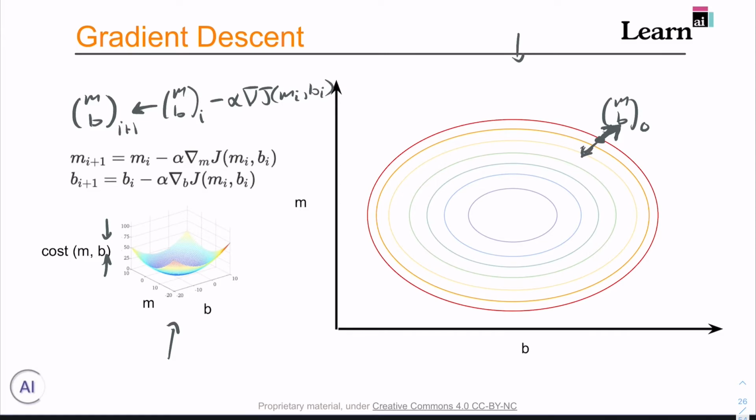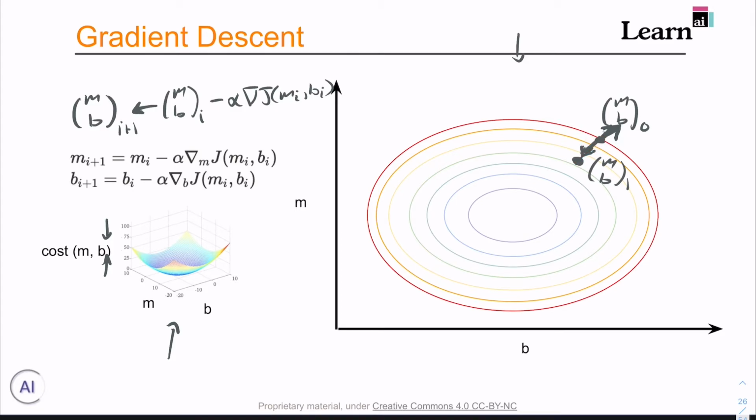That's good. So we're going to subtract this direction, which means we're adding this direction. Remember, subtracting this, we're going to add this, right? And that's going to take us to MB1. Cool, and you can imagine this repeating, so let's do it again. What's the direction of steepest ascent? This way, right?